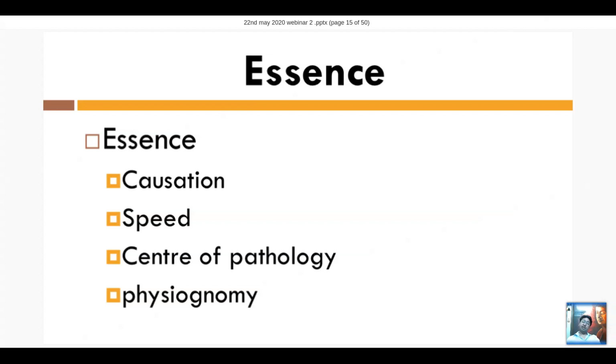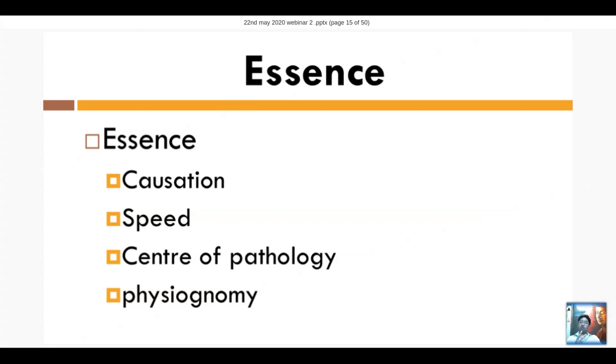Means the whole area which is disturbing the patient is the GIT. And after taking the whole case, we are considering the remedy pulsatilla, right? Now we all know pulsatilla has a very good affinity for the GIT. It is a well-known remedy for the GIT.